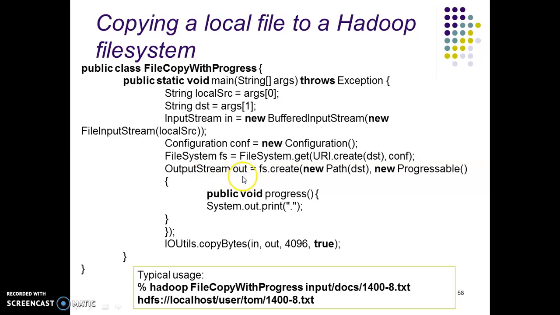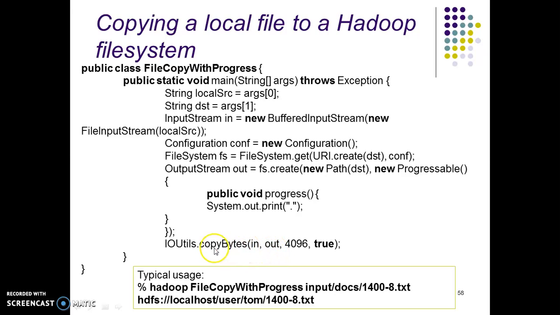Now we need to create the output object of the output stream. So we use fs.create with the path, then new Progressable, which is a function-like parameter, and we use the progress here with System.out.print, so it just shows the dots whenever there is progress. Then we use IOUtils.copyBytes in, out.